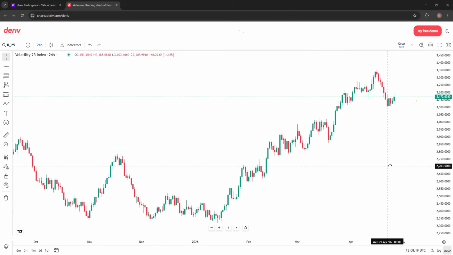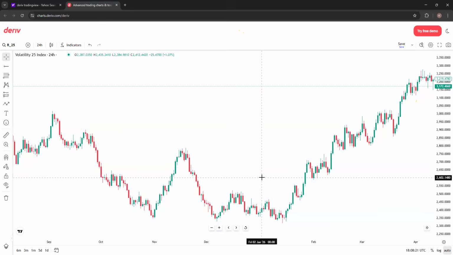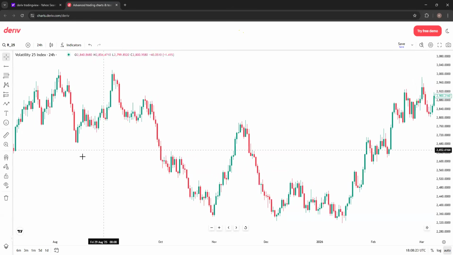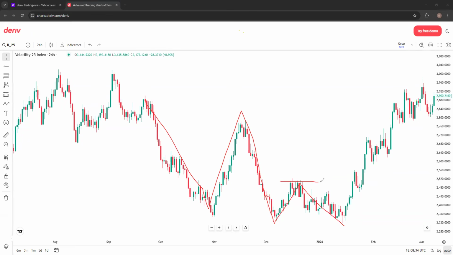What you generally see is we were in a downtrend, right? We were having a low, a high, a low, a high, and then a low. But the moment we came and we broke a high here, we are now having a high, a low, a high, a low, a high, a low.